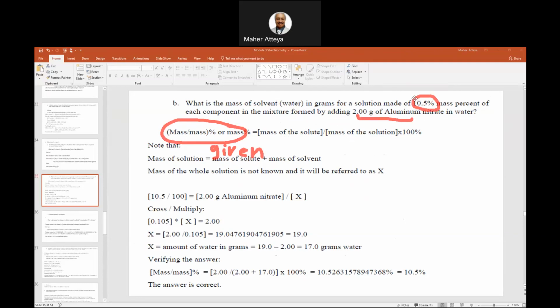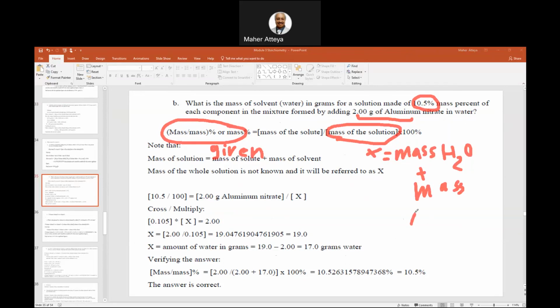So you assume the mass of the solution, the whole thing, is X. You don't know what this is, correct? We need to get the H2O. But X is equal to the mass of H2O plus the mass of the solute. The solution is made of aluminum nitrate, mass percentage.